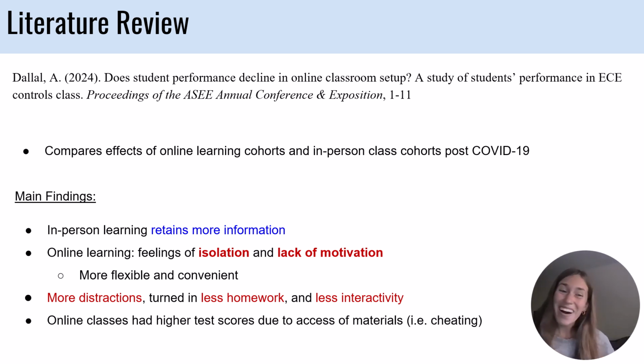Oh, and also online learning did show a higher percentage of test scores. So students statistically were performing better during online classes for exams, but that is because the students admitted to cheating. If you are not in a real in-person classroom, you could just cheat whenever you want.